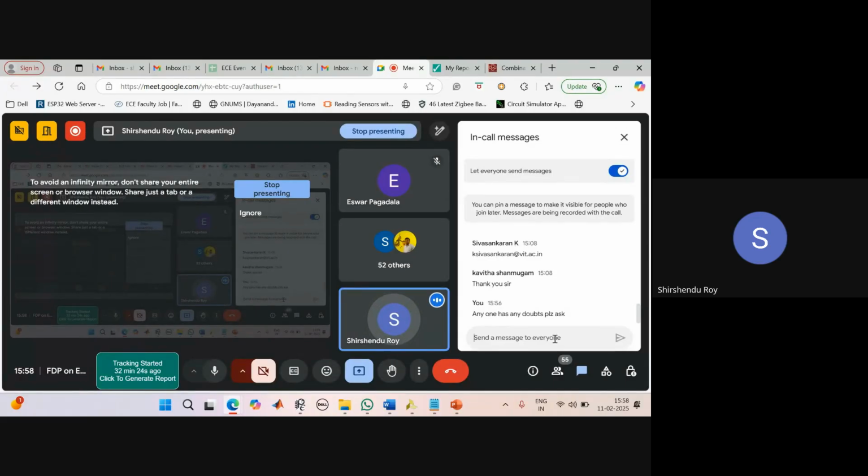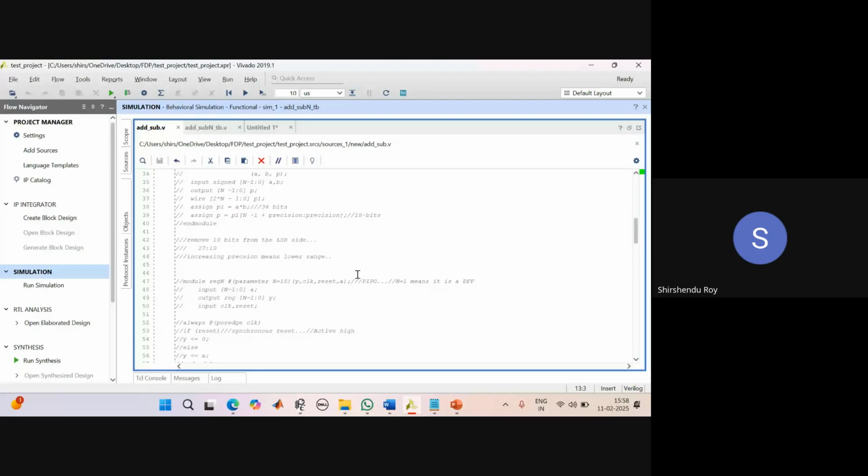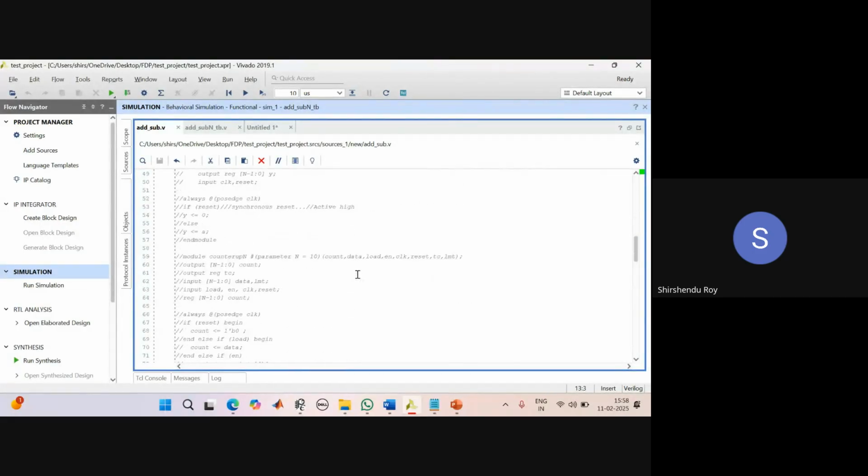Three blocks completed, correct? Now, we will try to do the other blocks as well. Clear? Okay. If no doubt is there, I will go back to the Vivado section. There I will show the blocks one by one, and maybe tomorrow we'll finally try to complete the block.